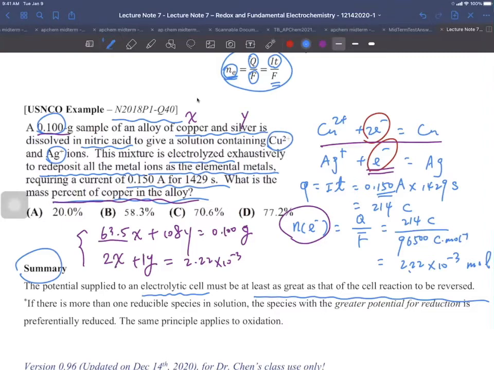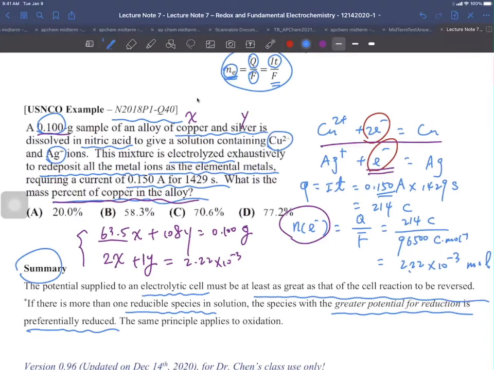And if there is more than one reducible species in the solution, the species with the greater potential for reduction is preferentially reduced, right? I think this also makes sense.